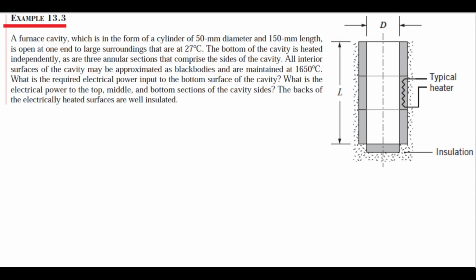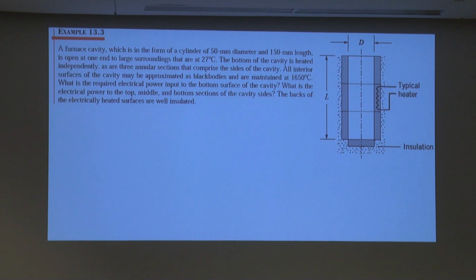So in this radiant cavity, you have these cylinders, 1, 2, 3, like annular pieces of pipe, and a bottom. They drew only this one here, but each of these has an electrical heater inside, right?